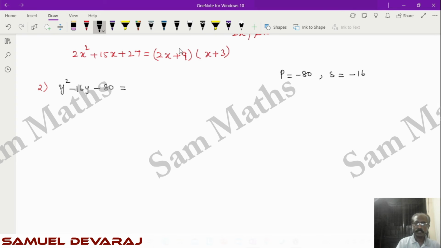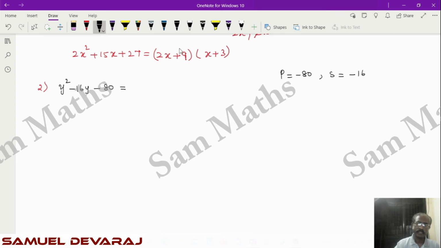What are the numbers? Can you guess? Come on, children. Just try. What are the numbers which will give sum minus 16 and the product minus 80?